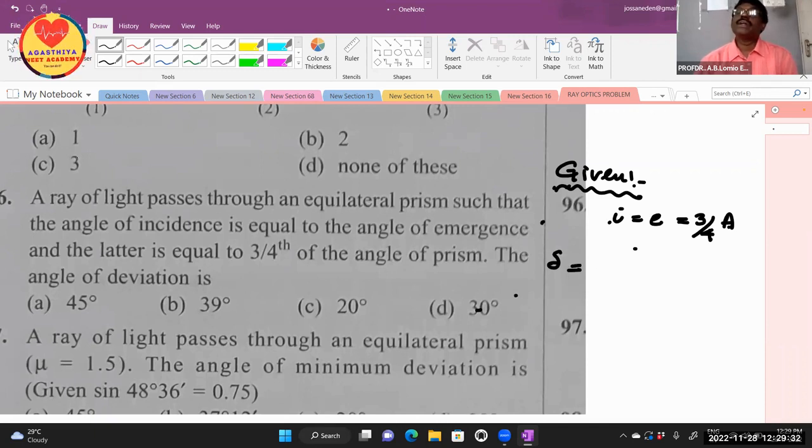Very simple one. Delta formula: i plus e minus A. Here i and e are the same.